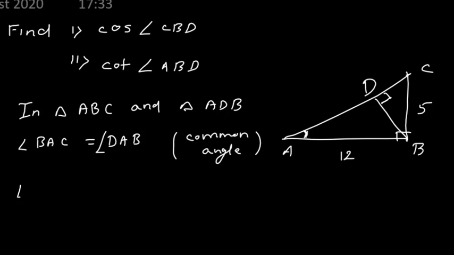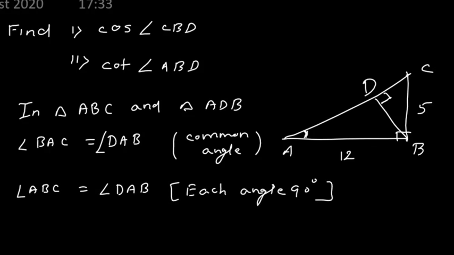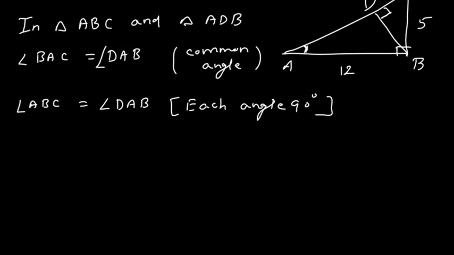Also angle B, that is angle ABC, equals angle ADB, because each angle is 90 degrees. So again we have triangle ABC similar to triangle ADB.